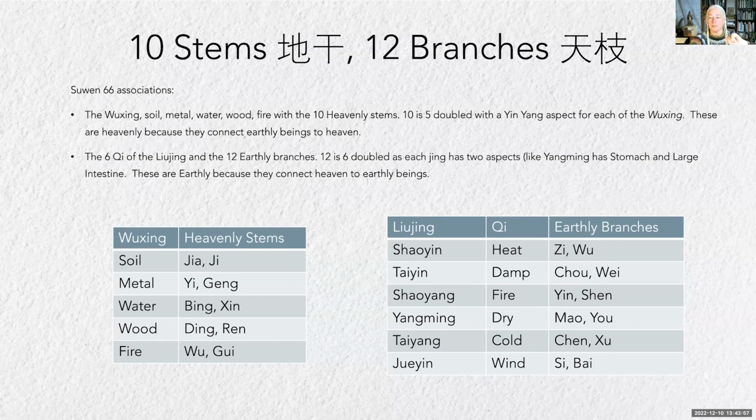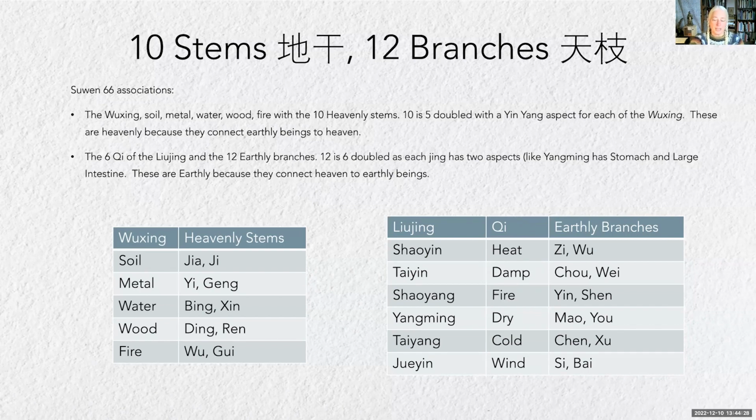And so that doubled is going to be 12, the Ziwu, etc. So we have 6 doubled is the 12 heavenly branches. Sorry, I think I got that mixed up as I was just talking. The 10 stems and the 12 branches.